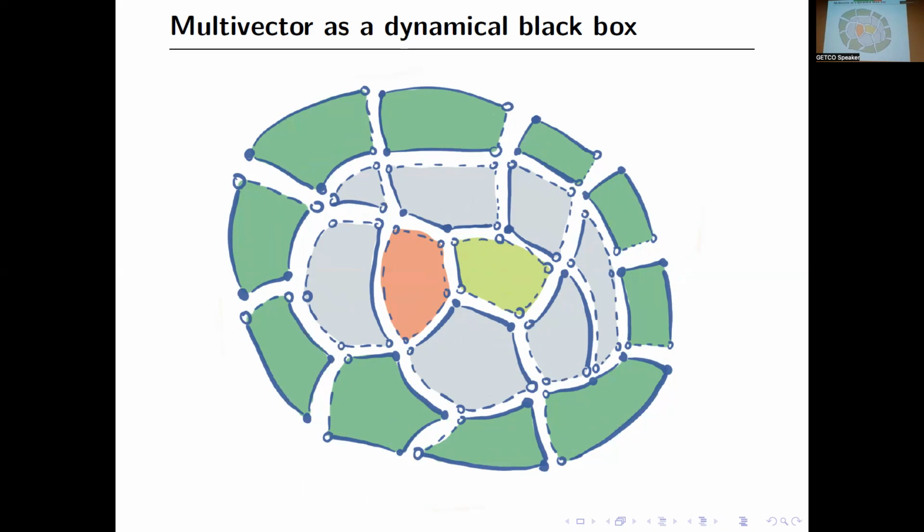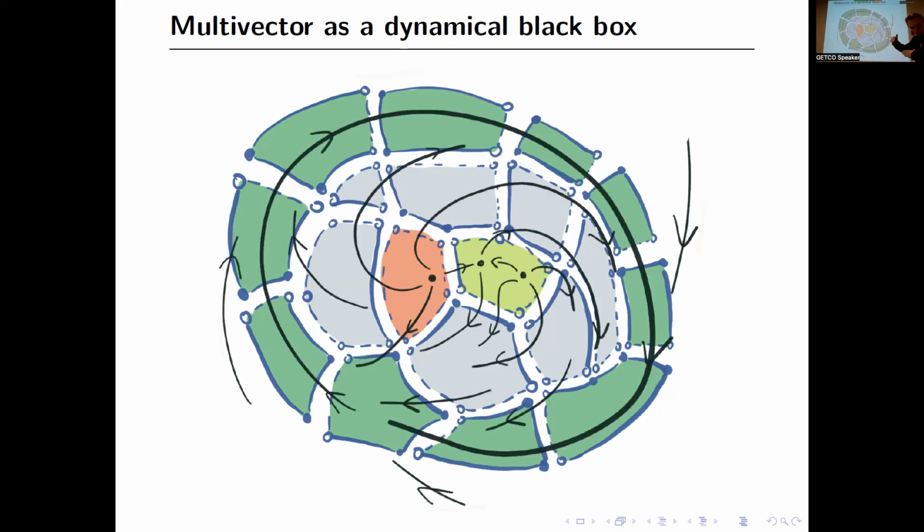What's the dynamical interpretation of this partition? The solid part of the boundary represents the part of the boundary where the flow can enter one of the blocks. The missing part of the boundary represents the part of the block through which we can escape.